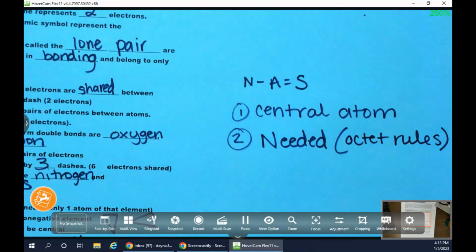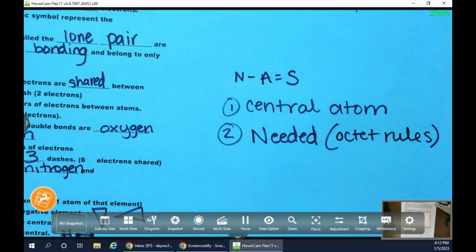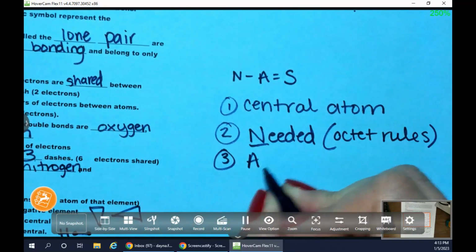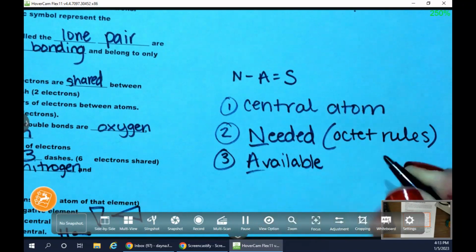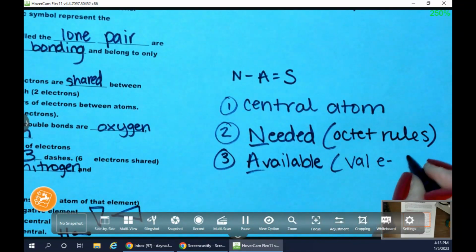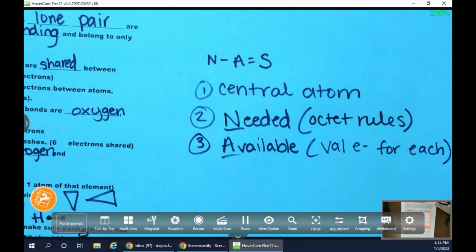Okay, so we're going to pay attention to how much does each one of them need, and you're going to add them all together. Then you're going to figure out available, which means you are looking at your valence electrons for each element. And you're going to add those together.